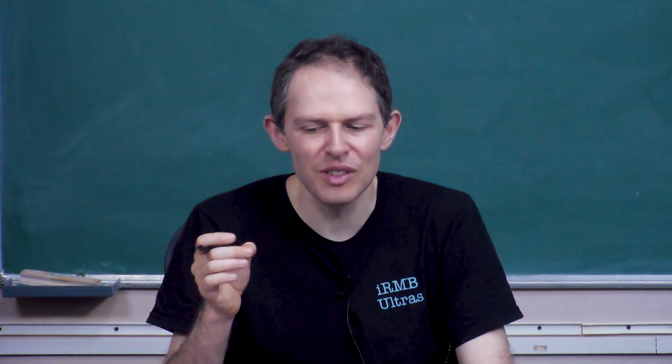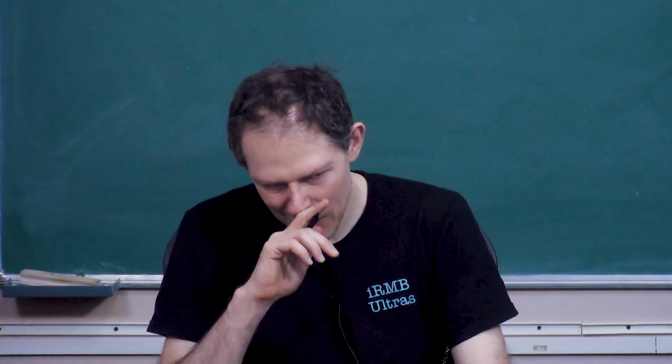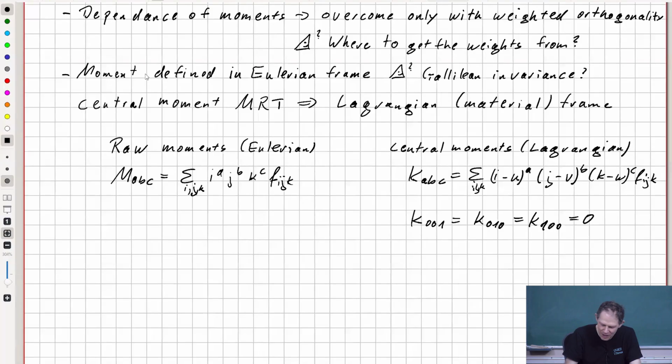And then there's also a possibility to do a transformation between raw moments and central moments. This may or may not be of advantage here. So what you can do in order to make your equations look a little bit simpler is you apply a binomial transformation, and you first calculate the raw moments, and then you can calculate the central moments from the raw moments, and vice versa.